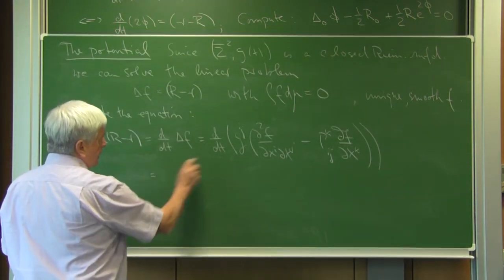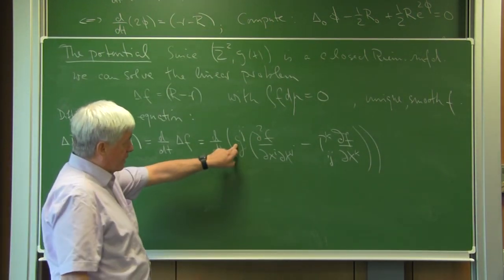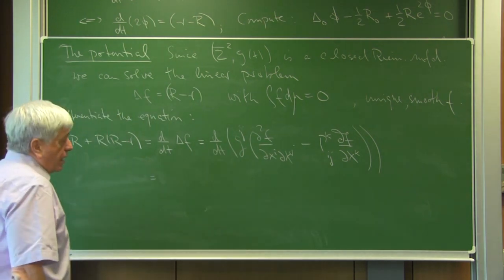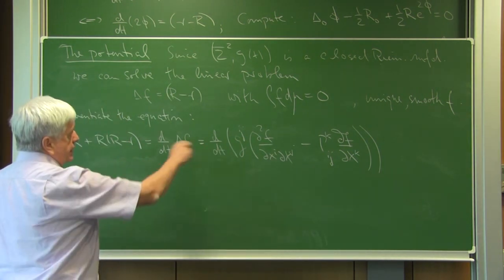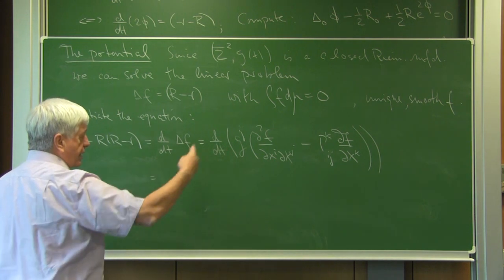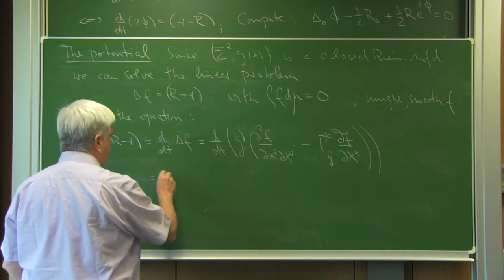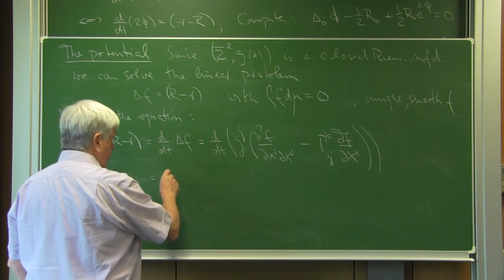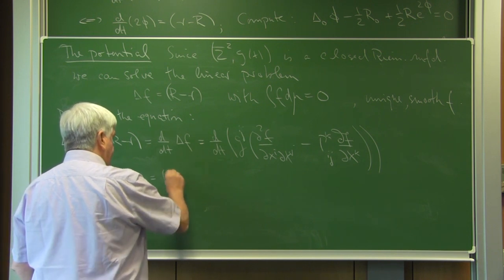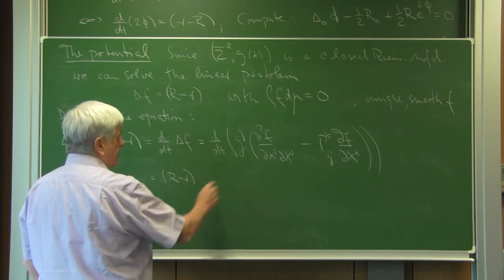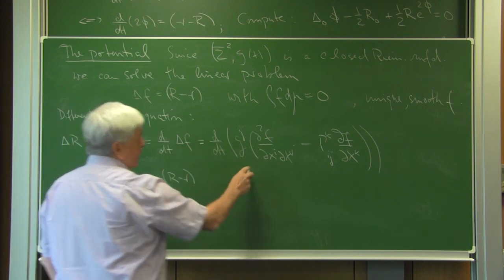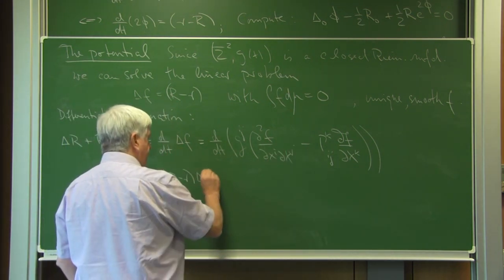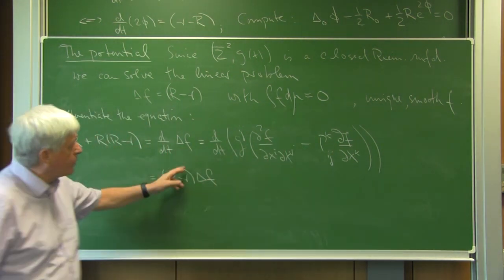So this is the inverse metric, and the inverse metric has the other sign in the evolution equation, so this is equal to (capital R minus little r) times g upper ij times this, which is just giving us back the Laplacian of f.